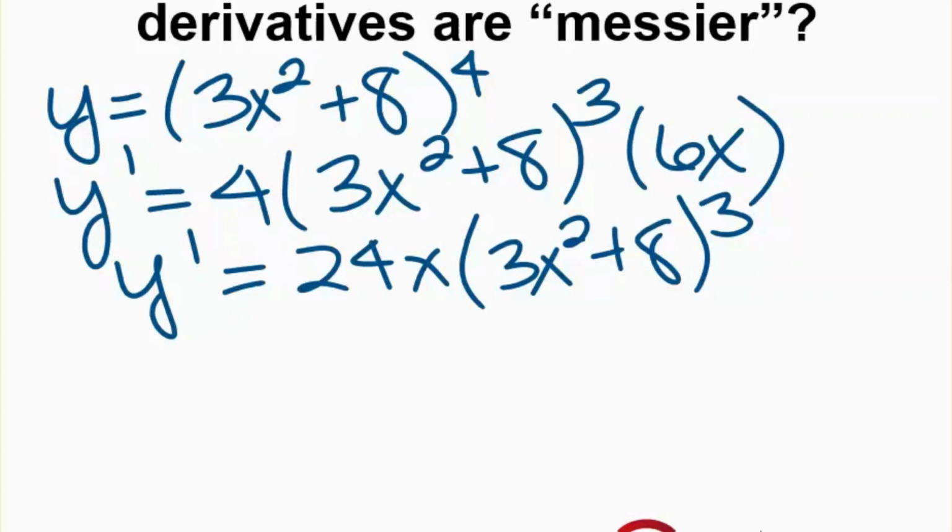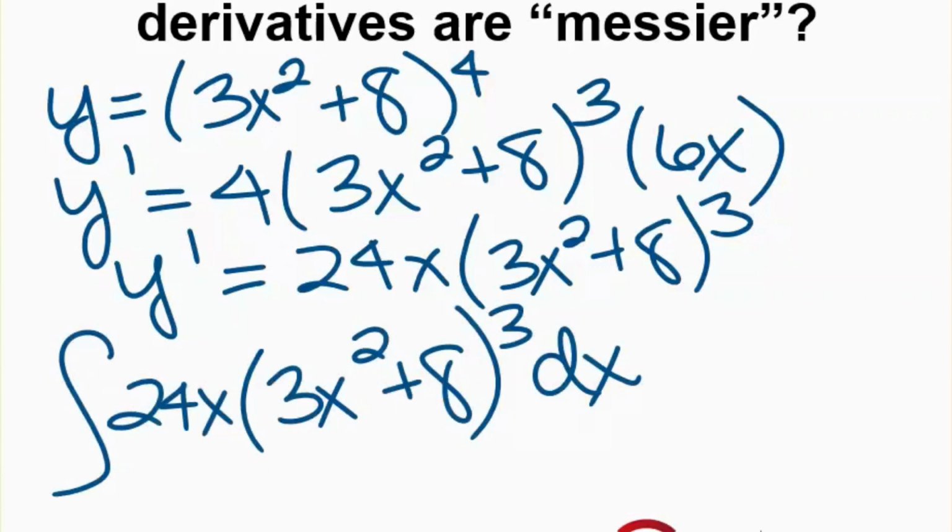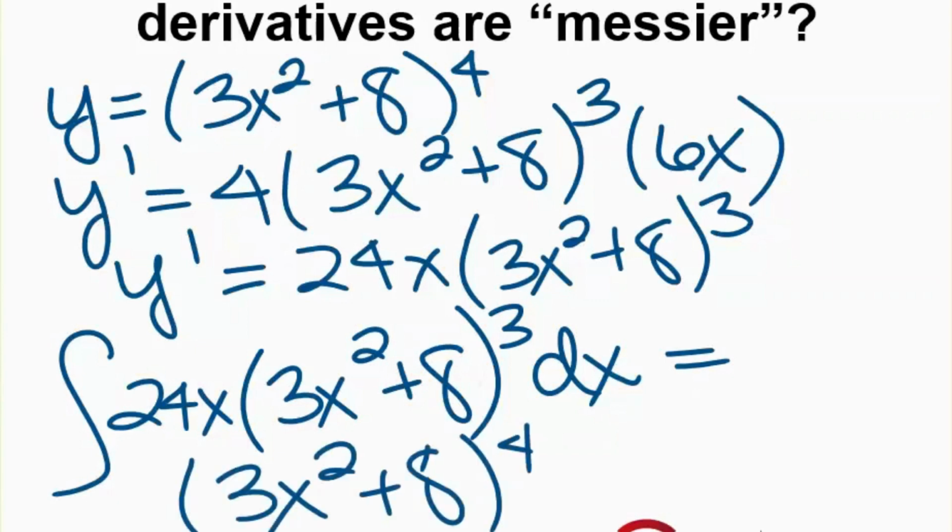Now, in terms of integrals, you might be asked to find the integral of 24x times 3x squared plus 8 to the third power dx. Now, because we just found that derivative, we know that that is equal to 3x squared plus 8 to the fourth power.